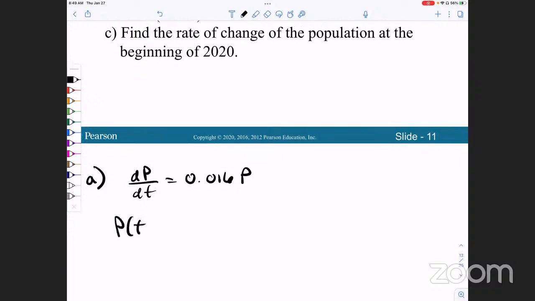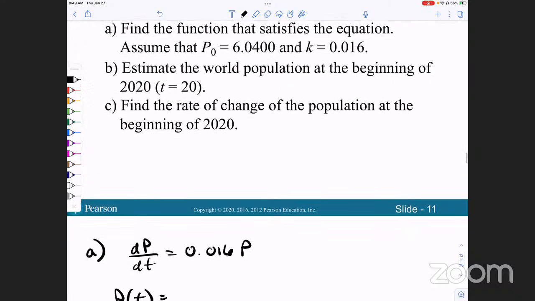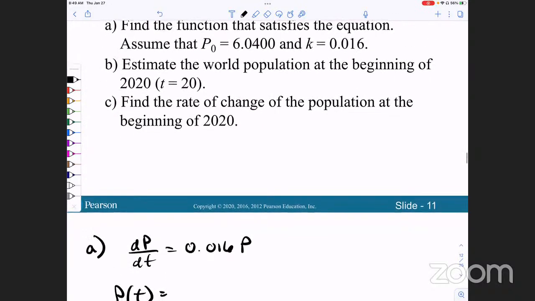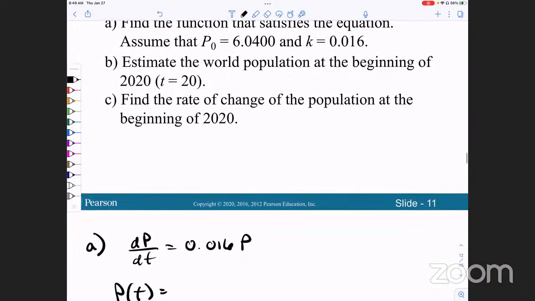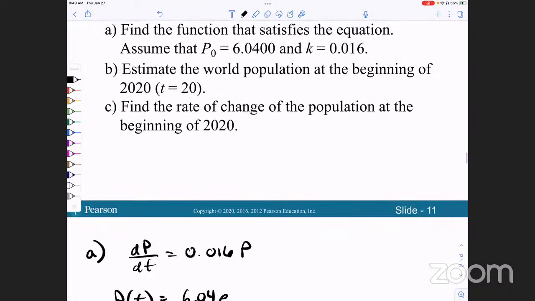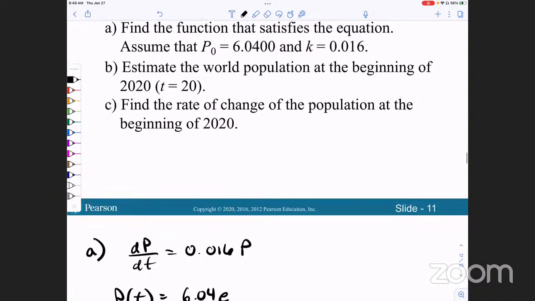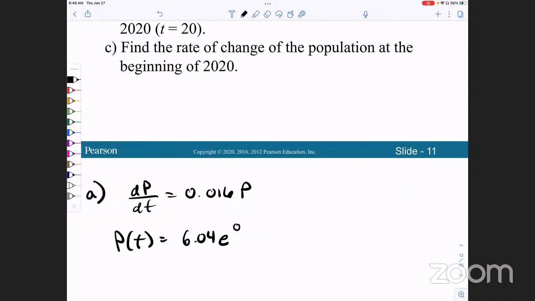Our P of t, it says use P naught, 6.04, for e to the rt, the rate is 0.016 times t.